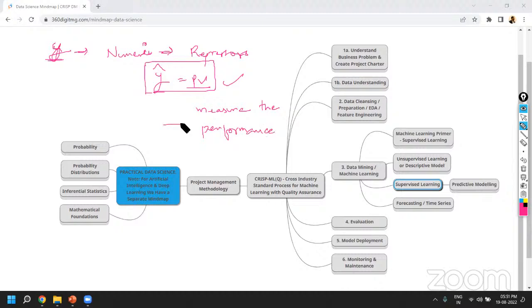So how correct is this calculated value? But unfortunately, we will not be able to measure it for future predictions. Because unless the actual event occurs, we will not know what the actual value is. We'll only have the predicted value based on which we are taking certain decisions. So we cannot evaluate.